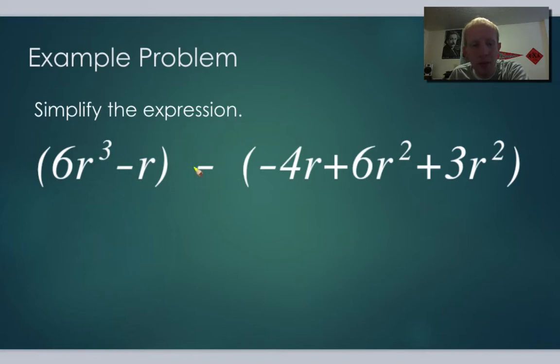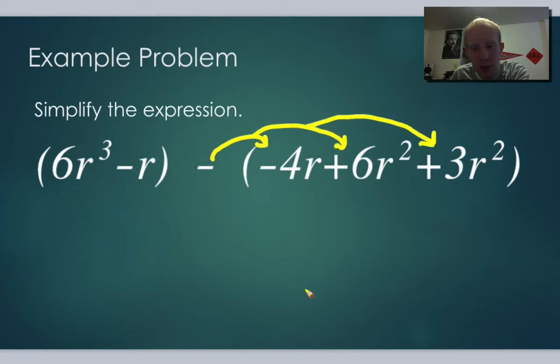Before I just got rid of the parentheses, but it's really important that you distribute this minus sign to each term first before you continue simplifying the expression. So that minus sign is going to turn this into a plus, that into a minus, and that into a minus. Okay? So let's rewrite it now without the parentheses.